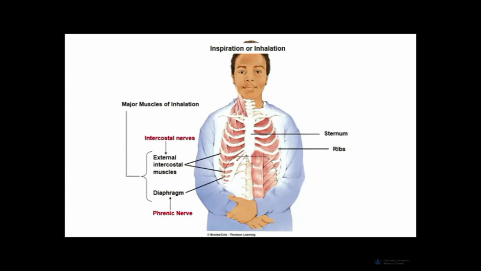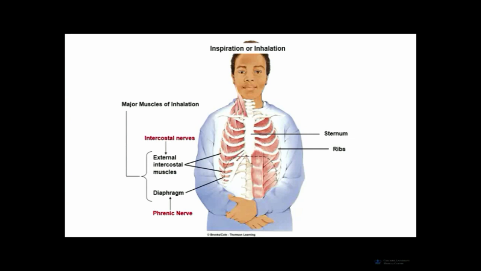The goal with inhalation, like I said, was to expand the thoracic cavity to expand the lungs. The way that we expand the thoracic cavity is by contracting muscles that increase thoracic cavity volume. So for quiet, restful breathing, there are two muscle groups that are very important for inhalation.